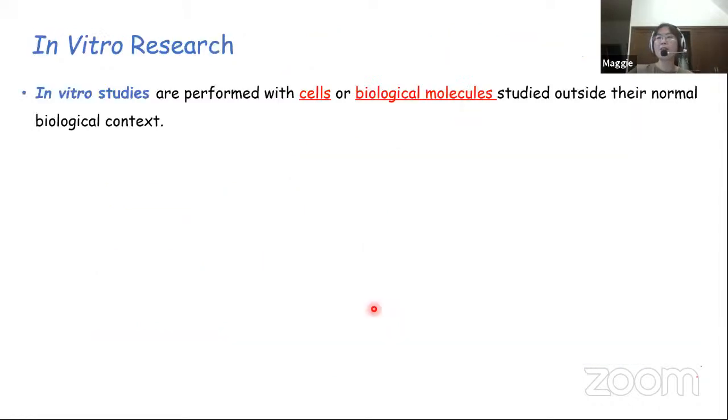Okay. First is the in vitro research. I think most of the students have dealt with this kind of research in the lab class, right? So in vitro studies are performed with cells or biological molecules studied outside their normal biological context.